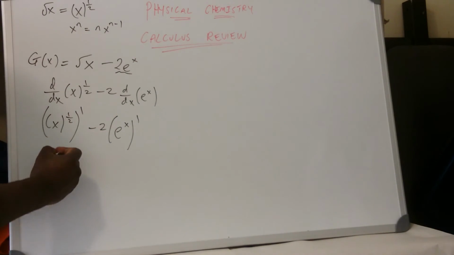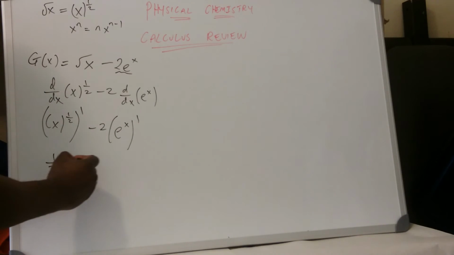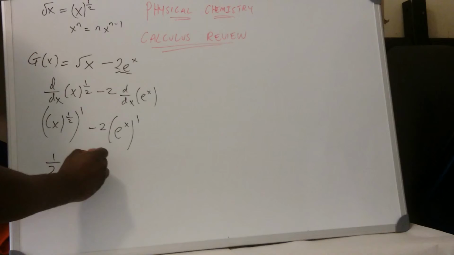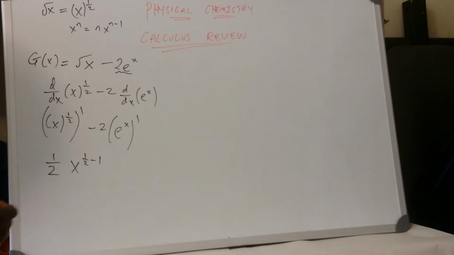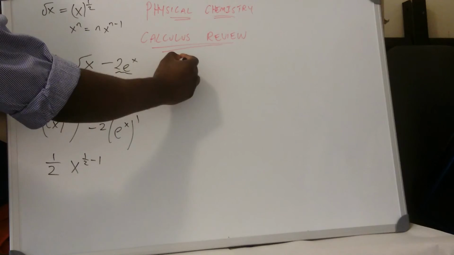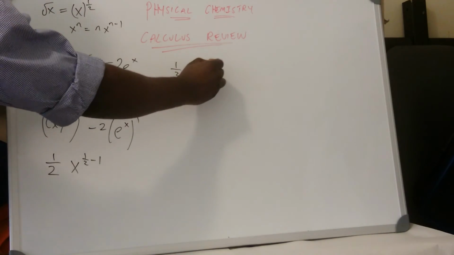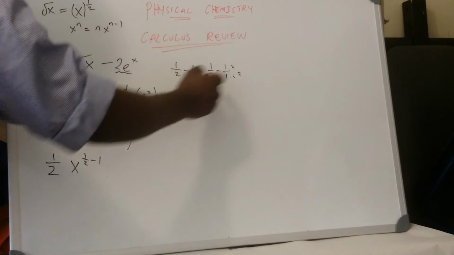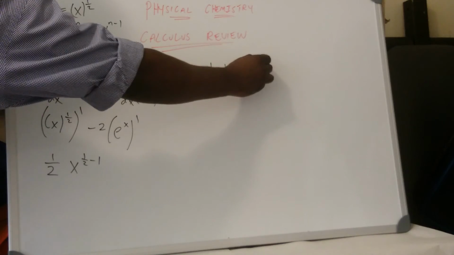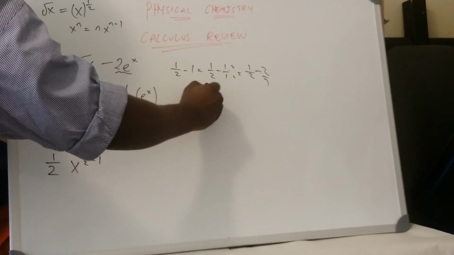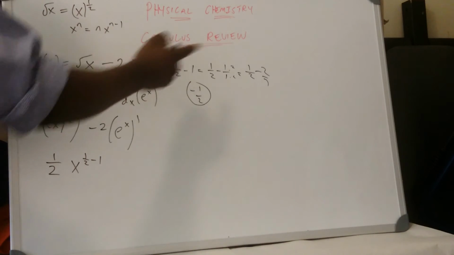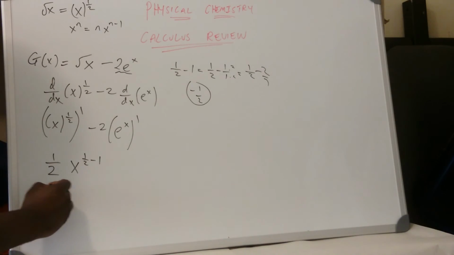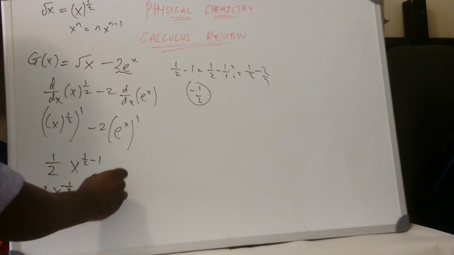So now I have 1/2 x to the 1/2 minus 1. 1/2 minus 1 is equal to 1/2 minus 2/2, which equals negative 1/2. That's our answer. So we now have 1/2 x to the negative 1/2 minus 2 e to the x.